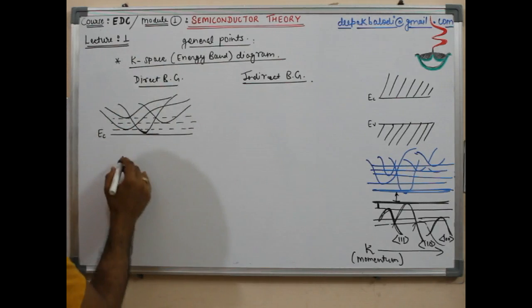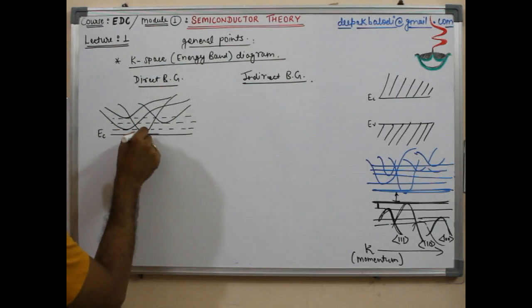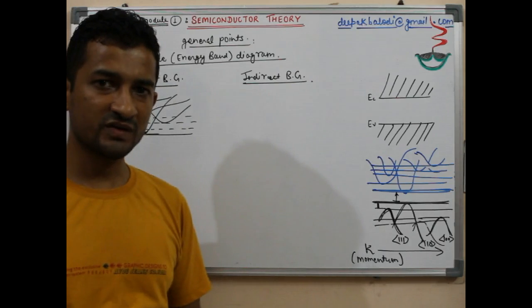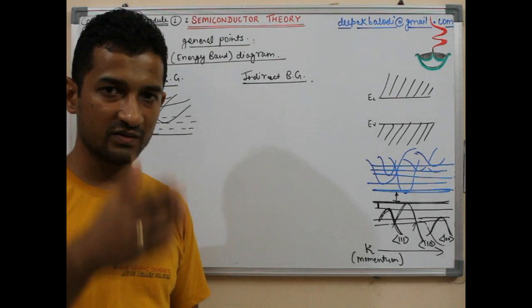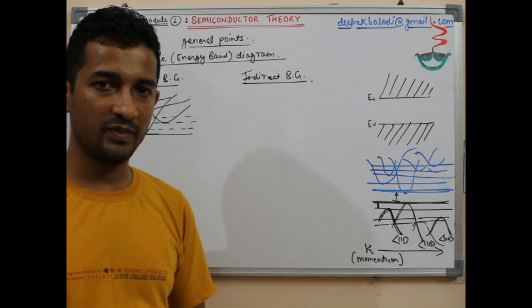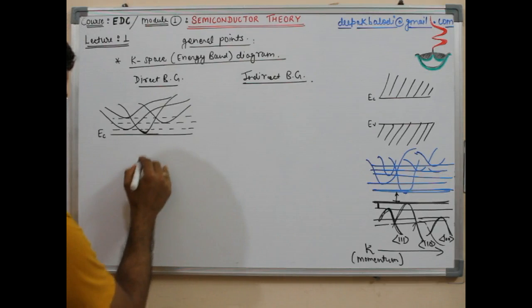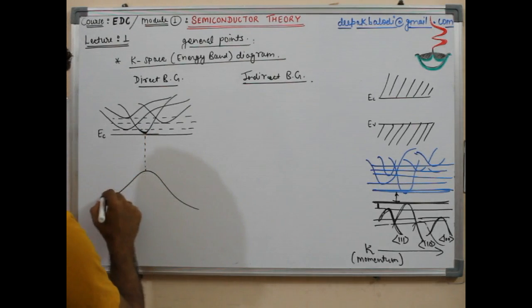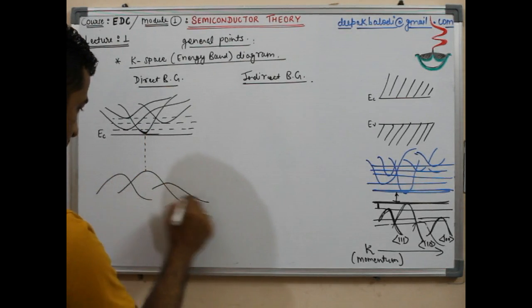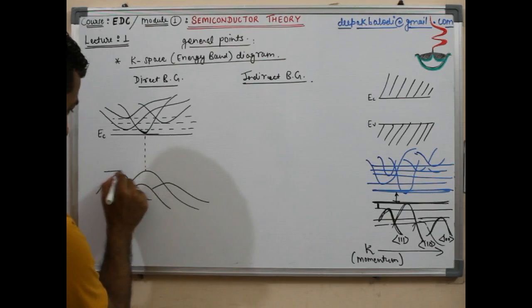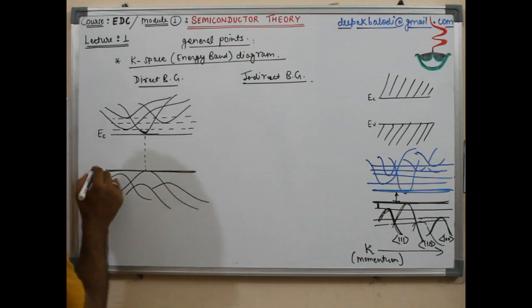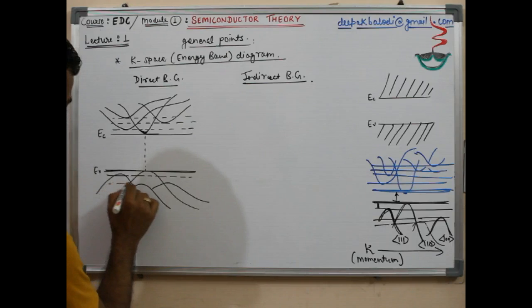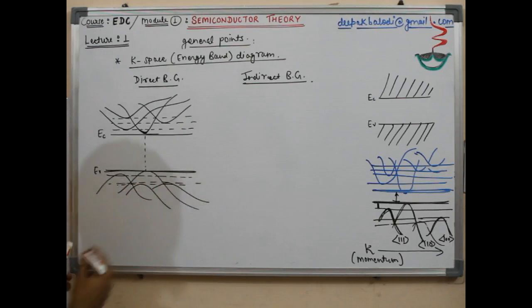But if this lowest energy valley coincides horizontally, or appears in a straight line, with the highest energy peak in the valence band, like let's say this, and the next one is this, and the next one is this.